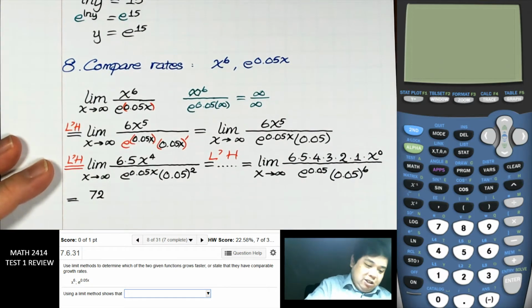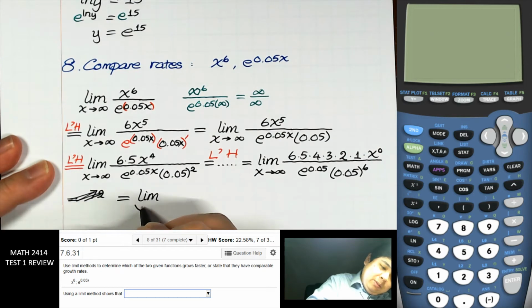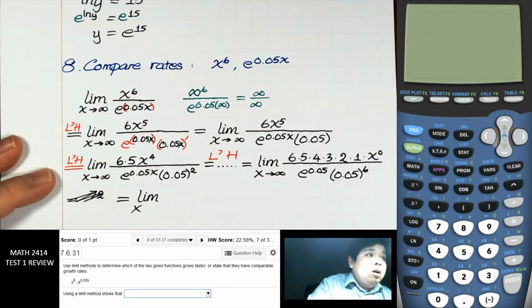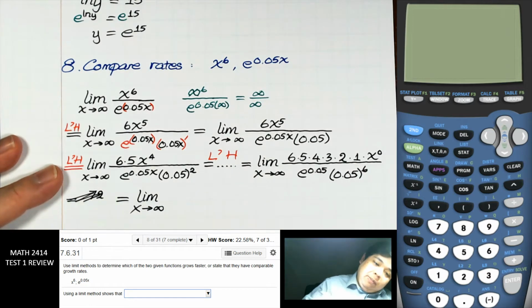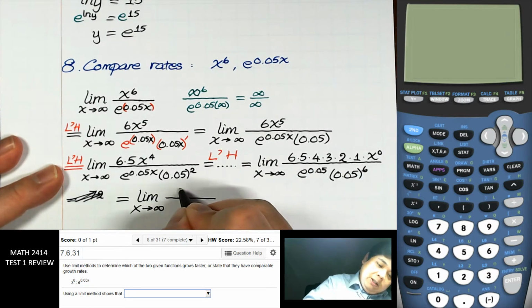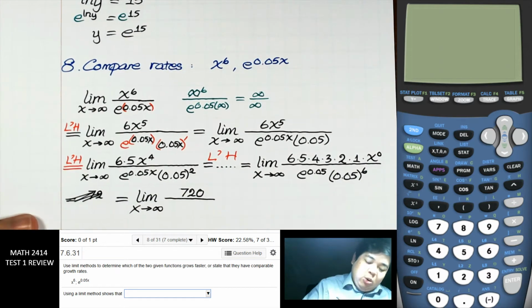Where's the limit? 720, and x to the 0 power is 1, so just 720.